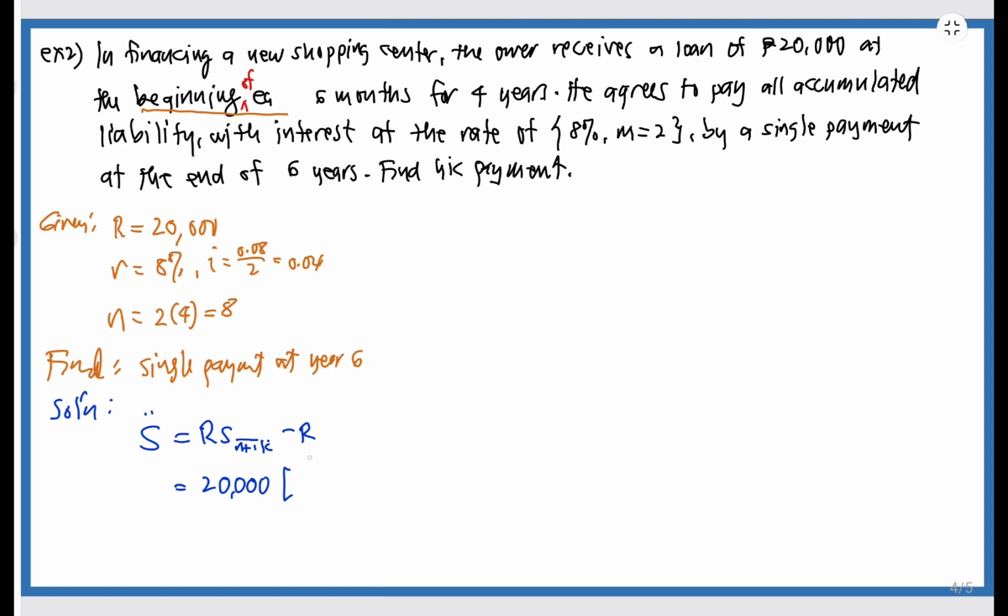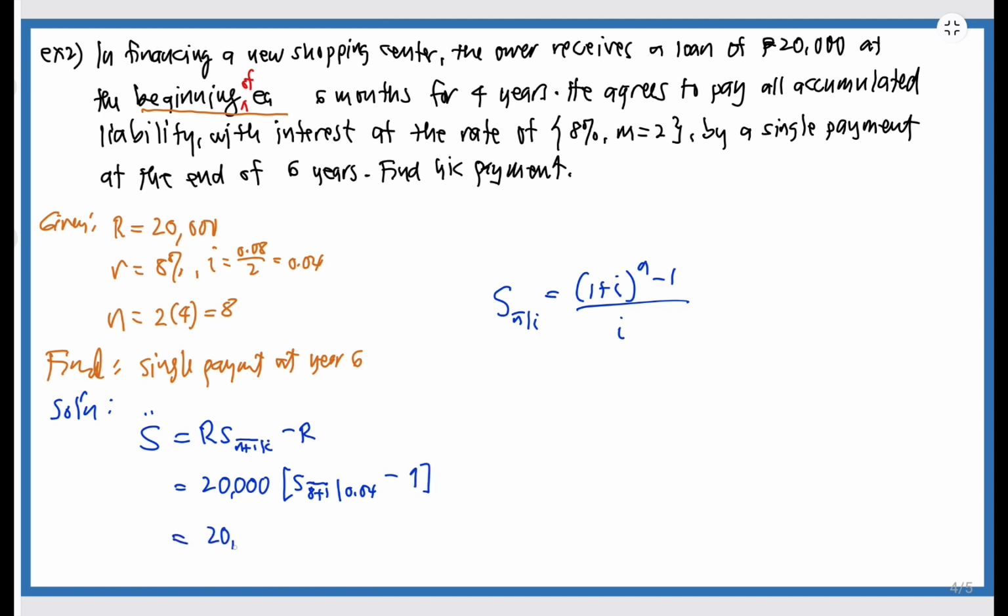Let's factor out R. S n bar i is equal to 1 plus i raised to n, minus 1, all over i. But we don't have n, we have n plus 1. Our n is 8, so this is S 8 plus 1 bar i, where i is 0.04, minus 1.